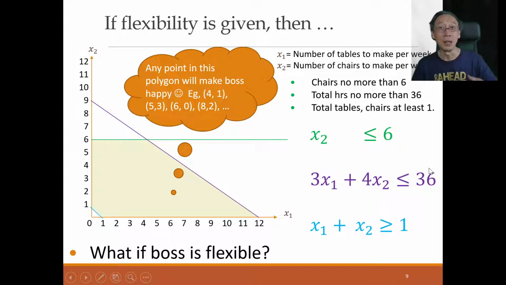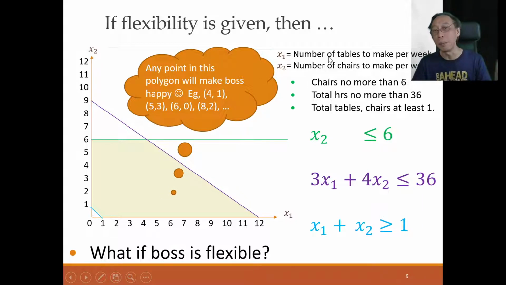So that gives space, as we can see in the graphical space here, this polygon gives us all the possible points that will potentially satisfy the three equations. Well, in general, we also allow x1, x2 to be fractional, right?